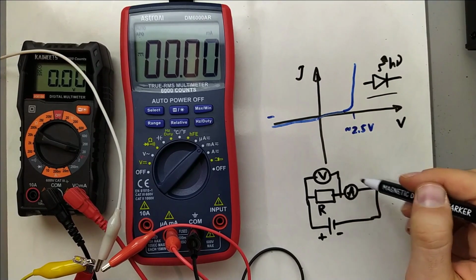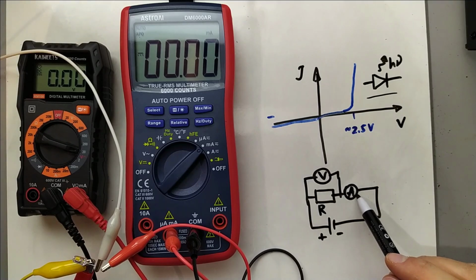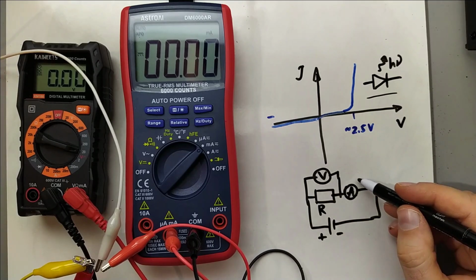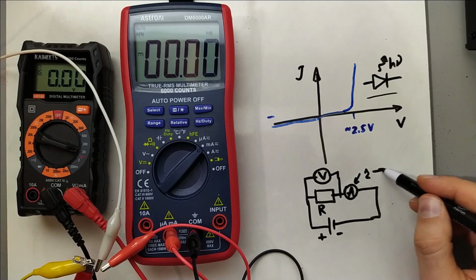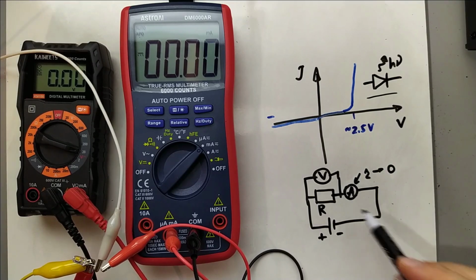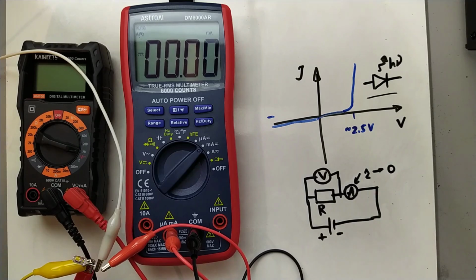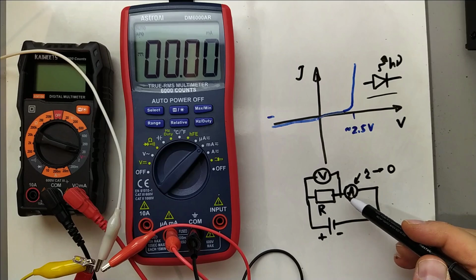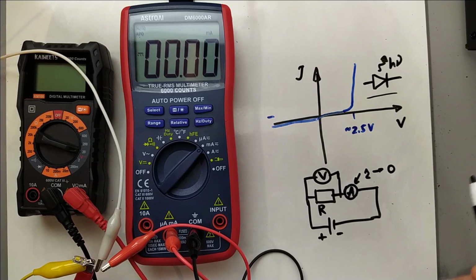And I would like to highlight, based on how we connect ampere meter and voltmeter in the electric circuit, that the internal resistance of ampere meter should approach 0 because it's connected in series to the resistor which we investigate and characterize by means of electric current voltage characteristic.